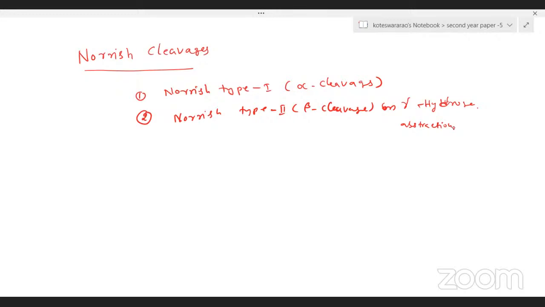To understand the photochemistry of carbonyl compounds, these two reactions are very important, after photoreduction and the Paterno-Buchi reaction. Now coming to the first one, Norrish type 1.